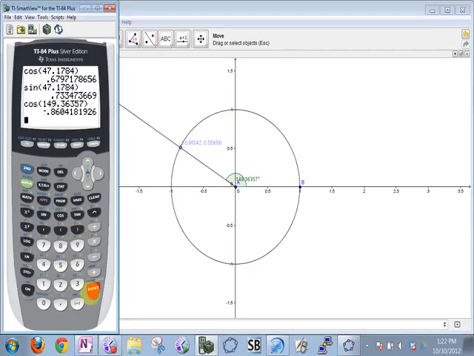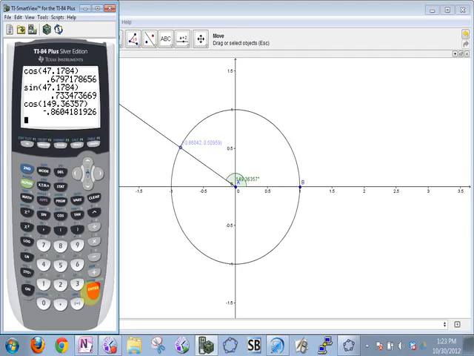You can't draw a triangle to figure that out. You can't make a right triangle that has an angle of 149 degrees. Okay? So the x-coordinate is the cosine of that angle, the y-coordinate is the sine, and that is only true if it is a unit circle, radius 1. Pretty cool stuff, right?